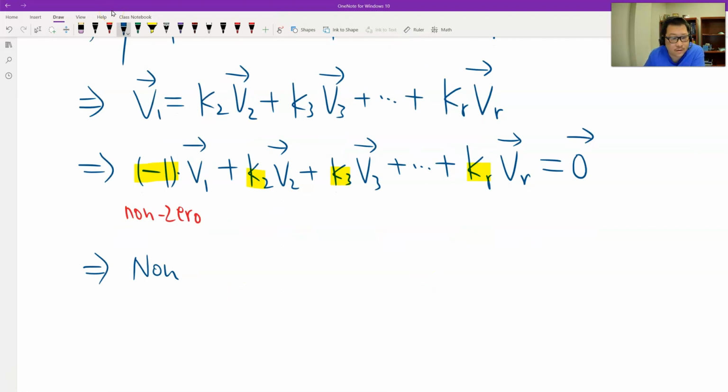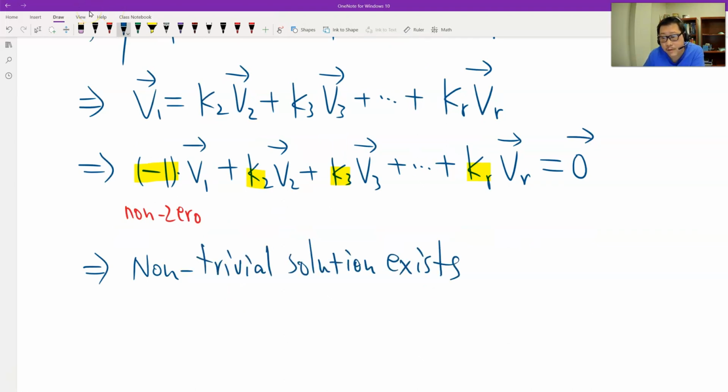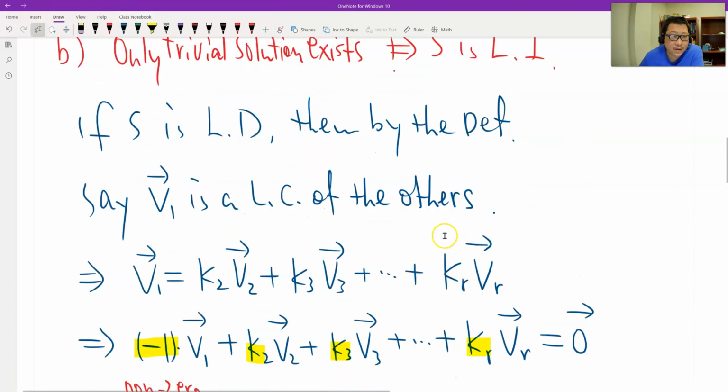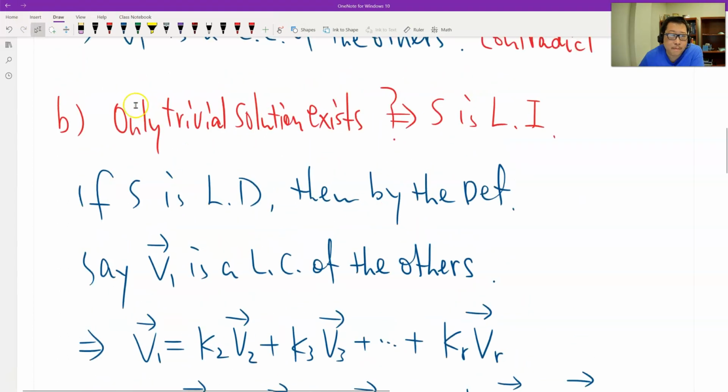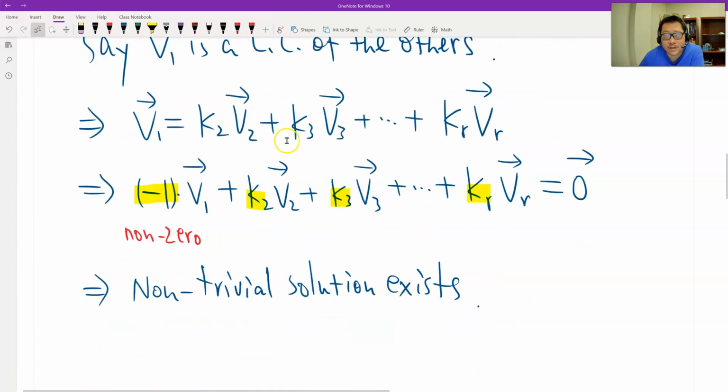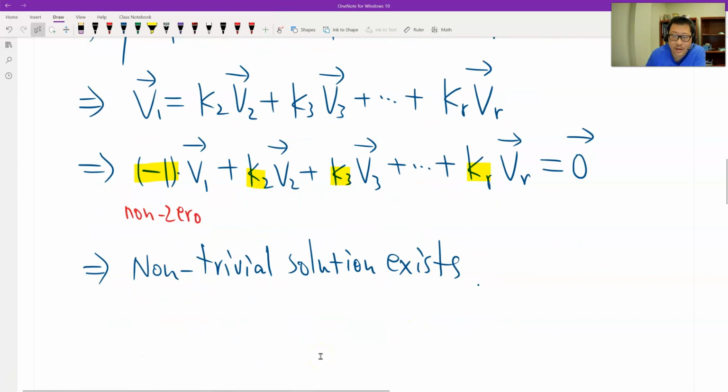At least one non-trivial solution exists. Is this a contradiction? Yes, because it says only the trivial solution exists, and now we get a non-trivial solution.